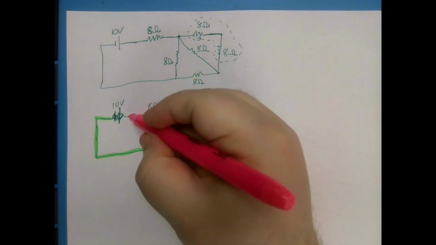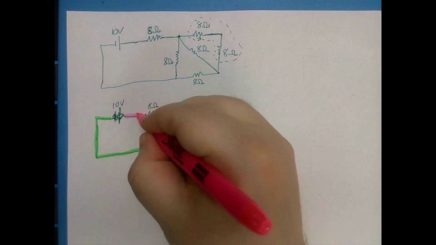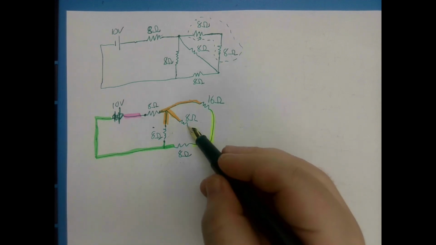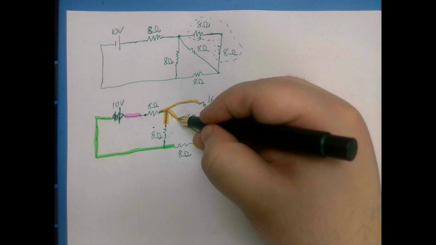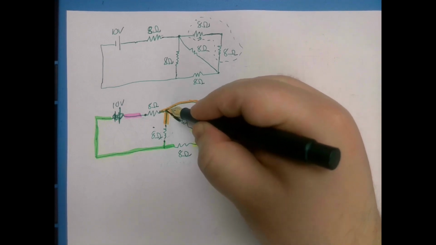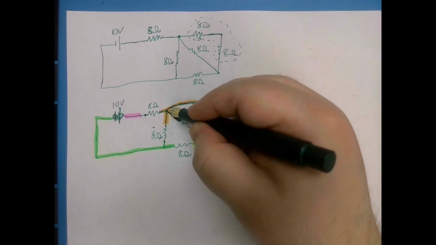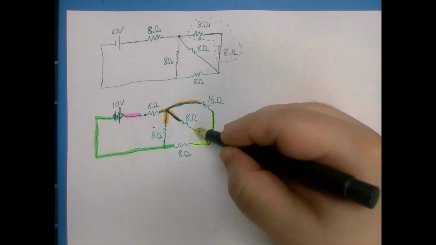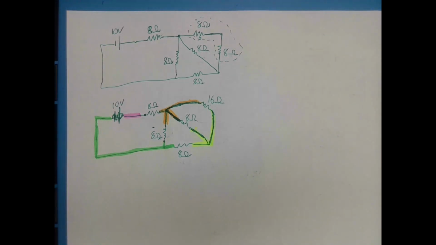Do any two resistors share the same two colors? So this one and this one? Yes, you can go from here to here without passing through any other resistor.